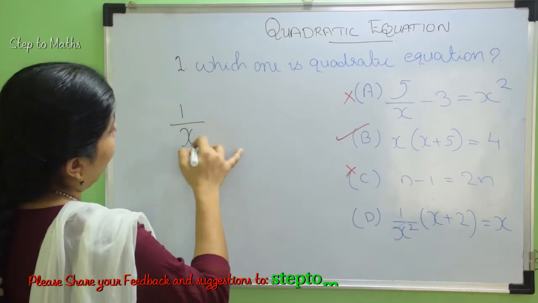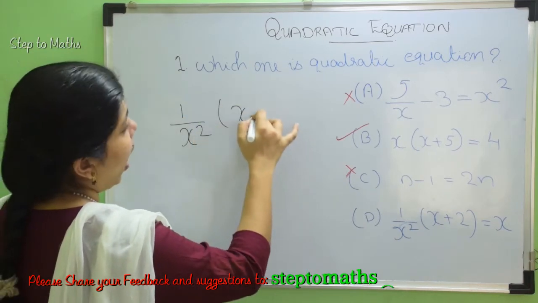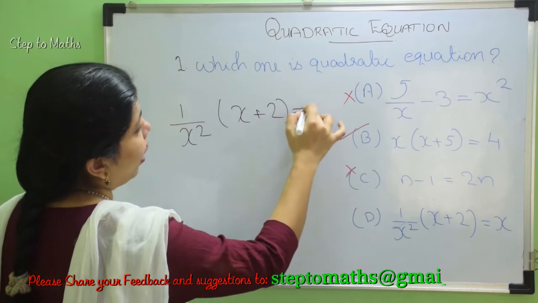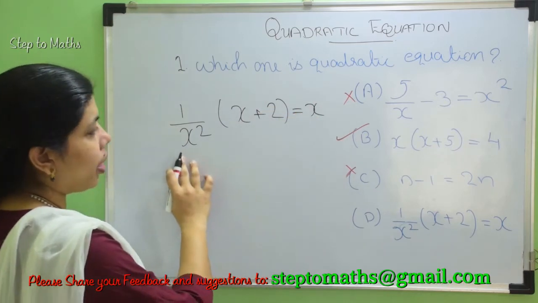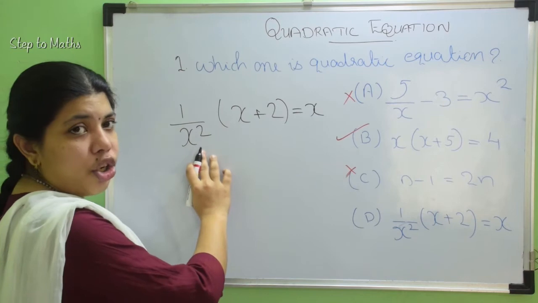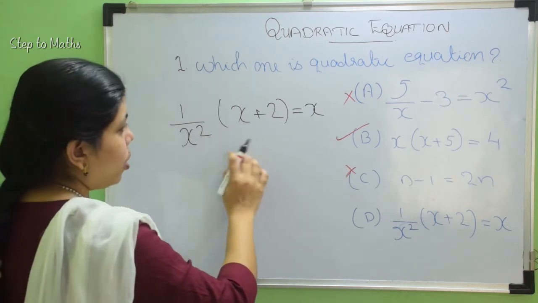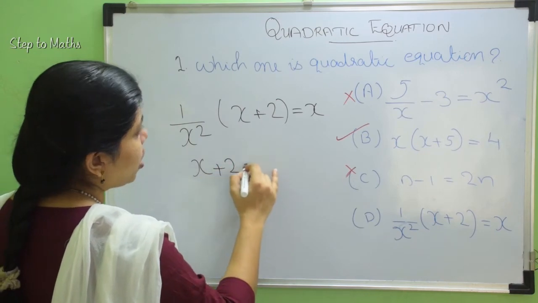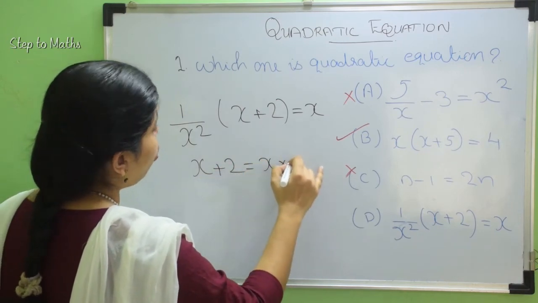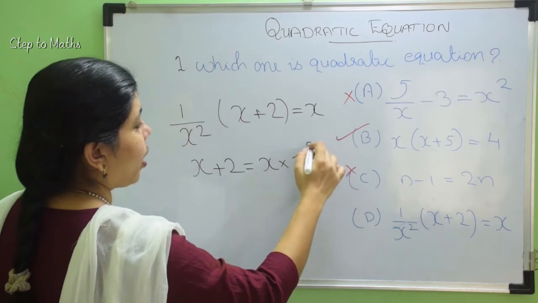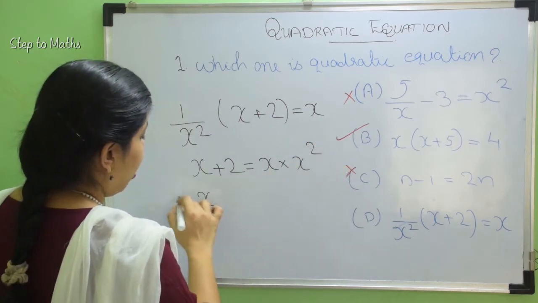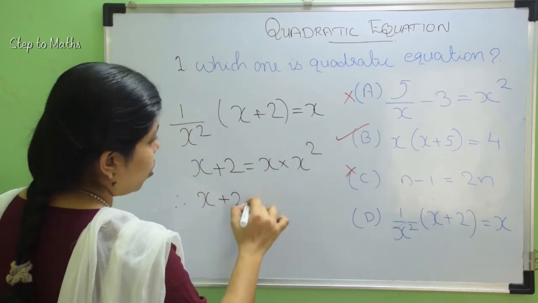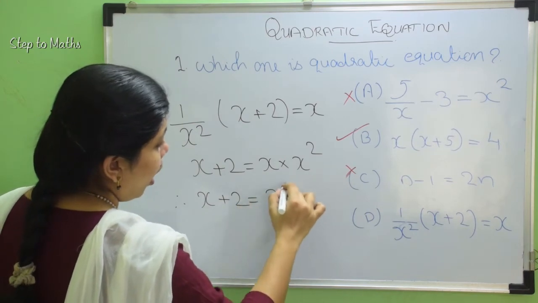1 upon x square into x plus 2 is equal to x. On the denominator x square, so to cross multiply it becomes x plus 2 is equal to x into x square. Therefore, this becomes x plus 2 is equal to x into x square, which is x cube.